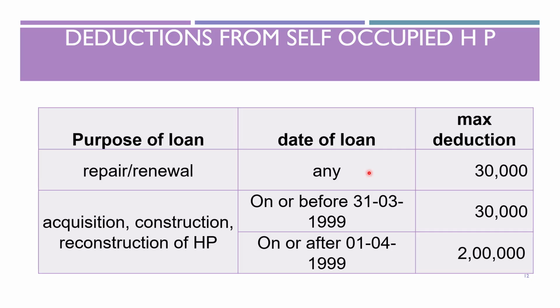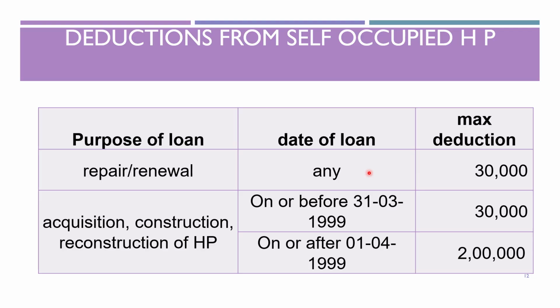But unlike let out property, there is a restriction for claiming interest. For let out property, there was no restriction with respect to amount. But here, there is a restriction on the amount of interest you can claim. That depends on for what purpose you have taken the loan.